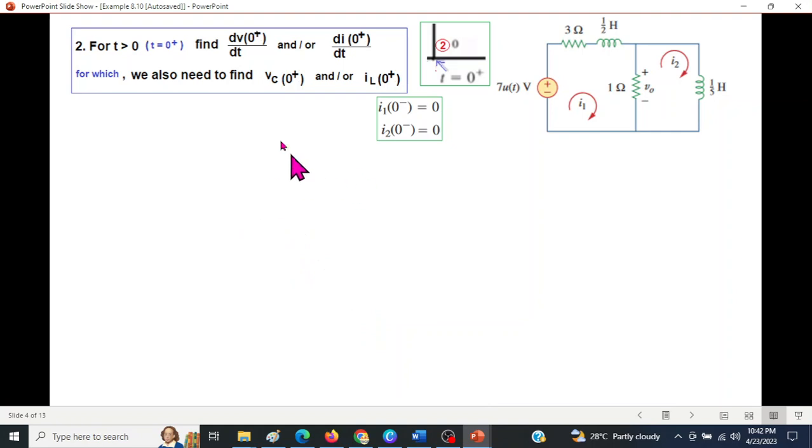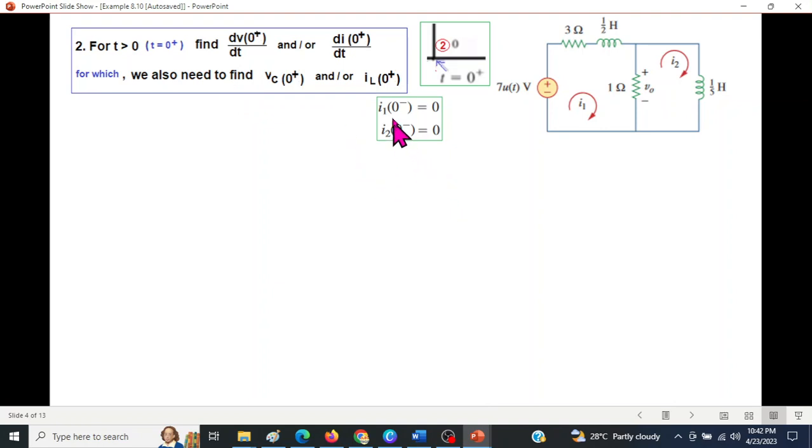Okay, now we'll use this later on, but let's just find that for t greater than 0, at this point here, we need to find dv/dt at 0 plus or di/dt at 0 plus. In this case, we'll only find di/dt at 0 plus because we have inductors in both cases. Now to find this, we also need to find I(0) or IL(0), and if there was a capacitor, then we would have found Vc(0).